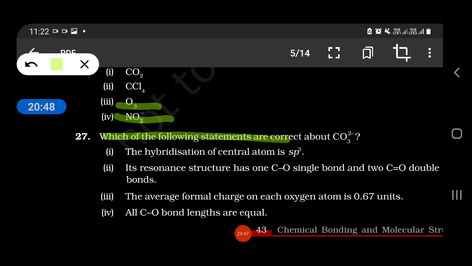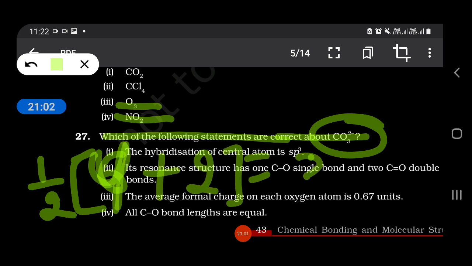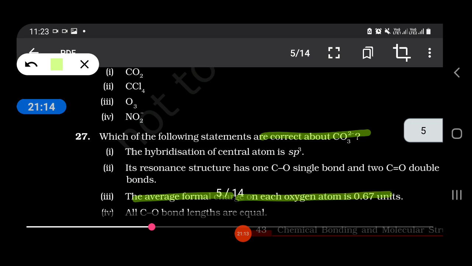Now, which of the following statements are correct about CO3 2 minus? Firstly, we will find the hybridization. Half of 4 plus 2, that is 6 upon 2, that is 3, sp2 hybridization. So our answer is the average formal charge on each oxygen atom is 0.67 units.